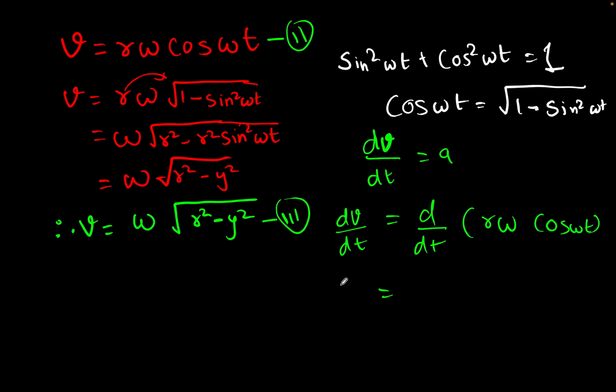This is going to be a is equal to r omega d/dt of cos omega t. Now we know that the derivative of cos is minus sin, and the derivative of omega t with respect to t is omega.